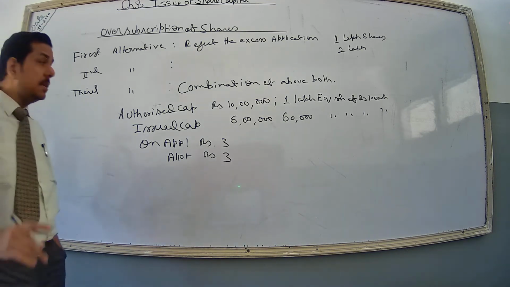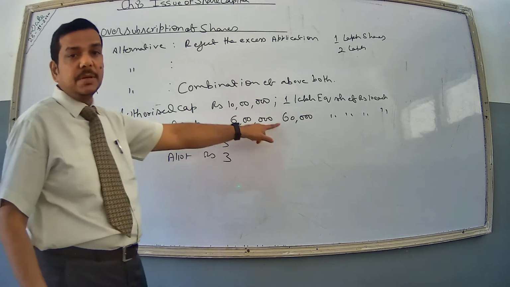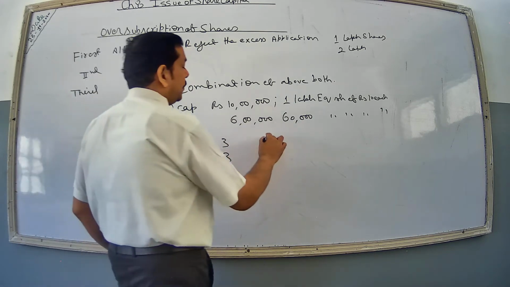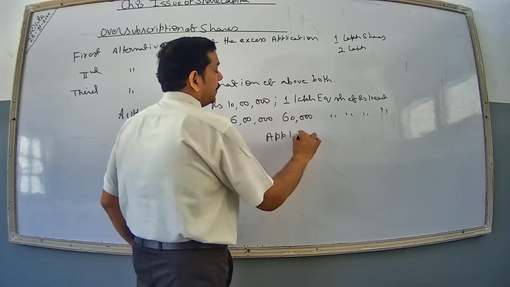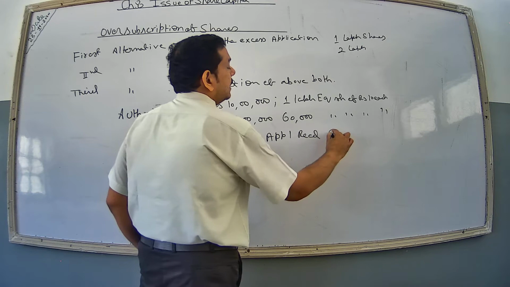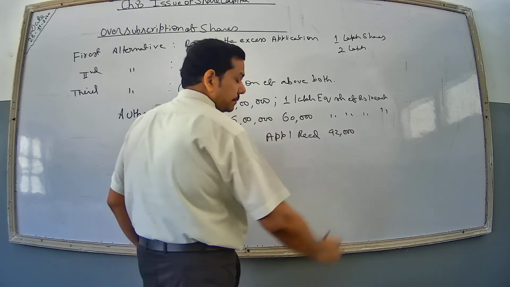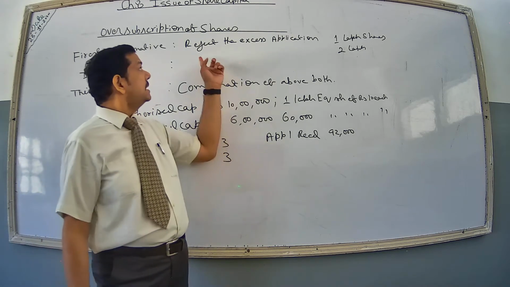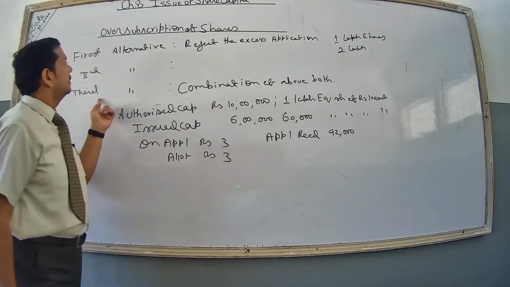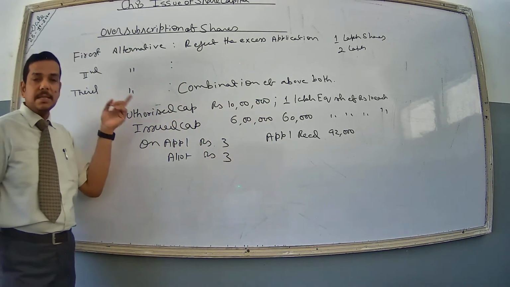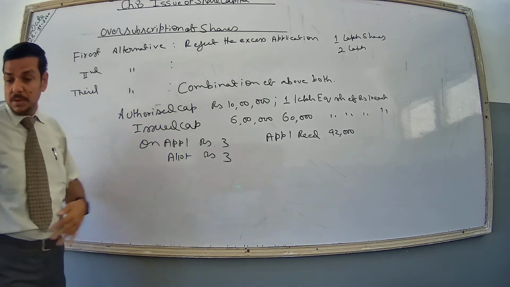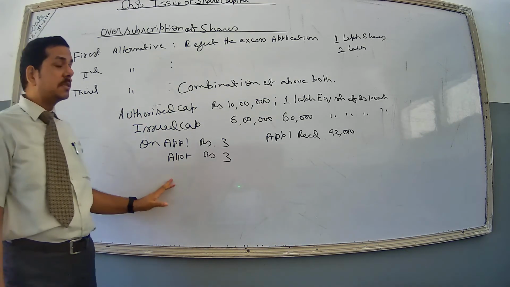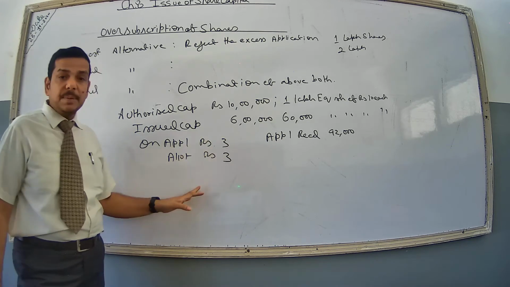The company is issuing 60,000 equity shares and applications are received for 92,000 shares. The company decided to make a pro rata allotment, which means the third step: rejection of some, partial allotment to some and full allotment to some. So this is called pro rata allotment.